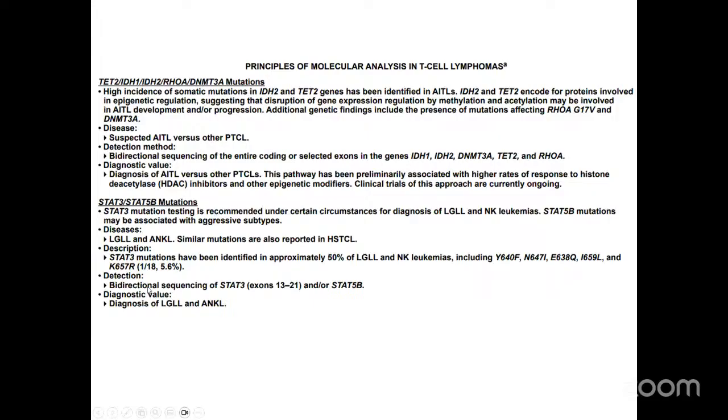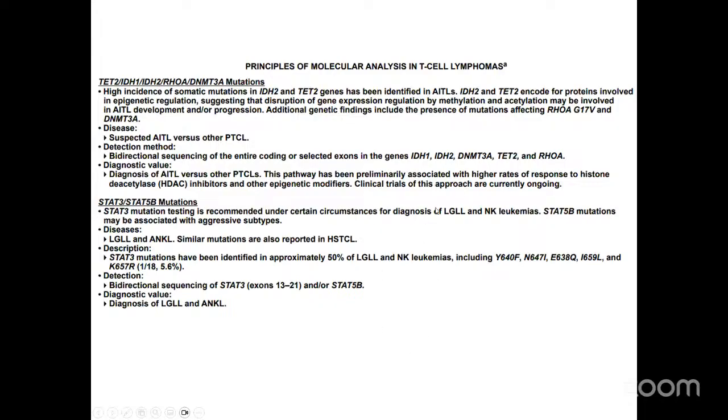Again, STAT3, STAT5B mutations are recommended in circumstances for diagnosis of large granular lymphocyte leukemia or NK cell leukemias. And STAT5B can be associated with more aggressive subtypes. So this is very helpful in cases in which there are patients who have rheumatoid arthritis or something, and they have an expanded TLGL population, and then one wonders at what point do you start calling it a TLGL leukemia?